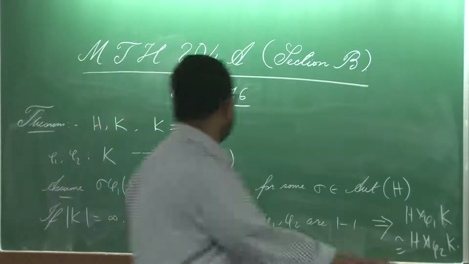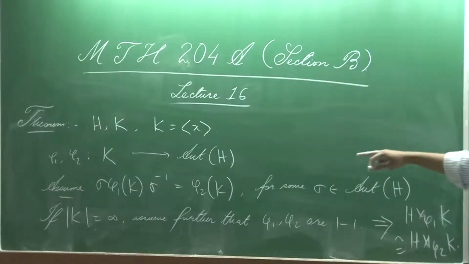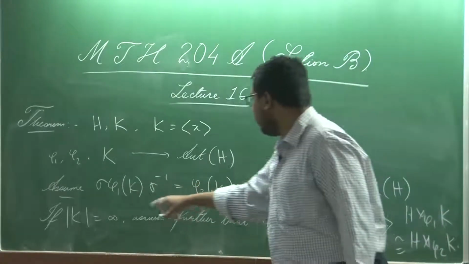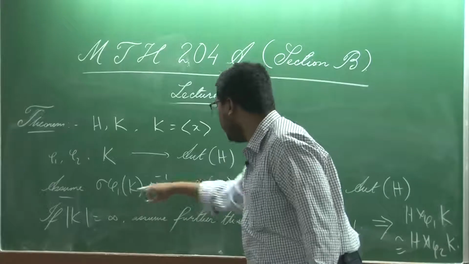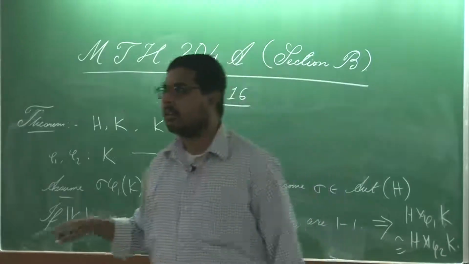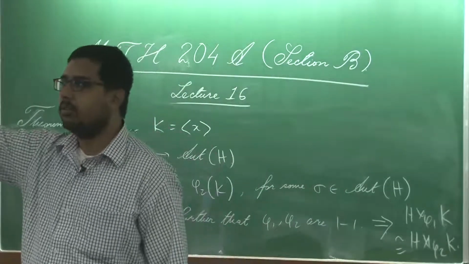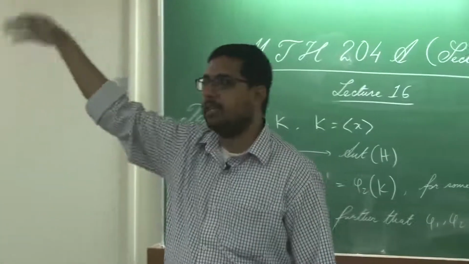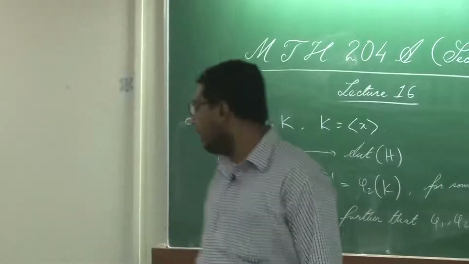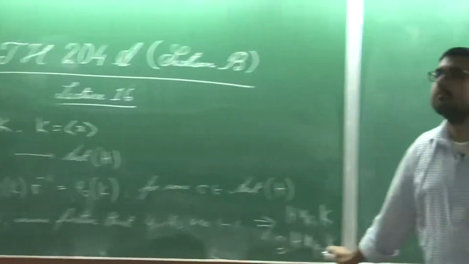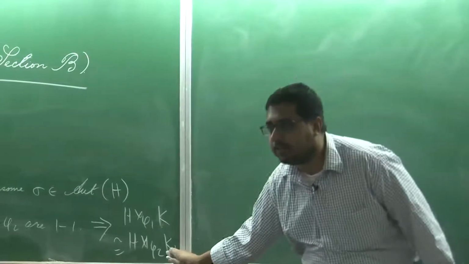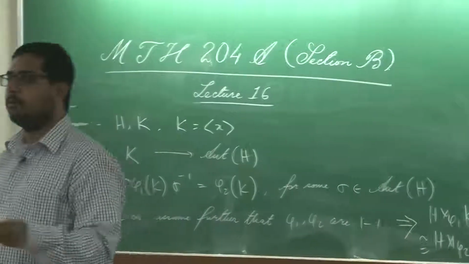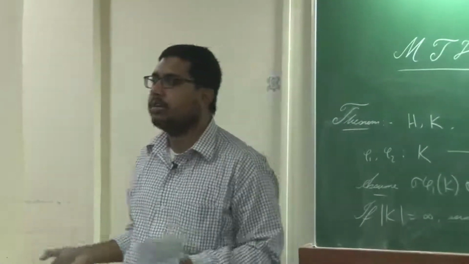More generally, if both phi 1(K) and phi 2(K) are equal to some Sylow P subgroup for P dividing the order of Aut H, even then we will have the semidirect products isomorphic, because once both of them are Sylow P subgroups, then they will be conjugate to each other.